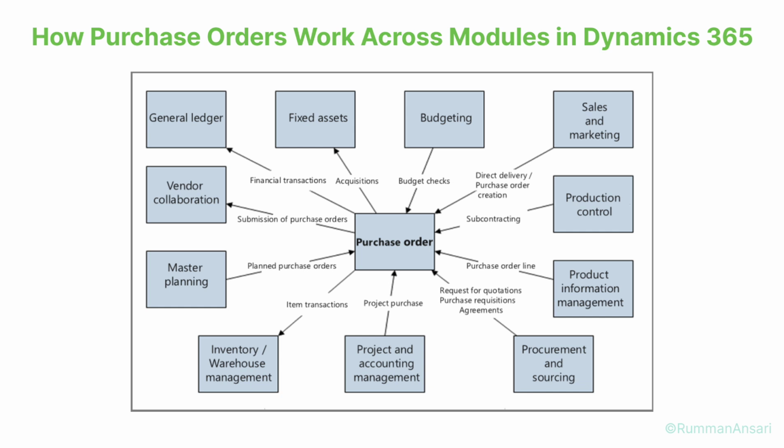Inventory and warehouse management tracks item transactions and stock updates post PO. Master planning generates the planned PO based on demand forecasting. And vendor collaboration, where vendors can submit and respond to the PO through the portal.